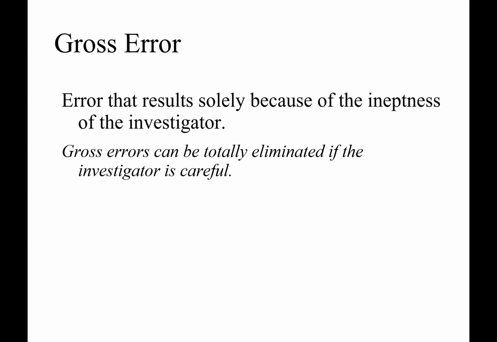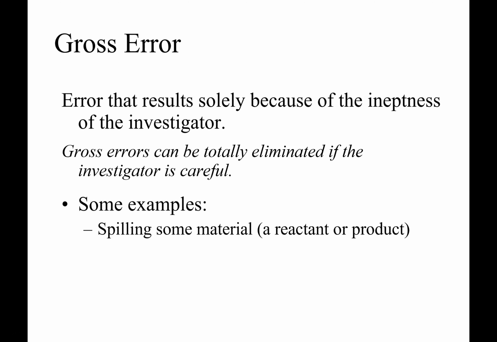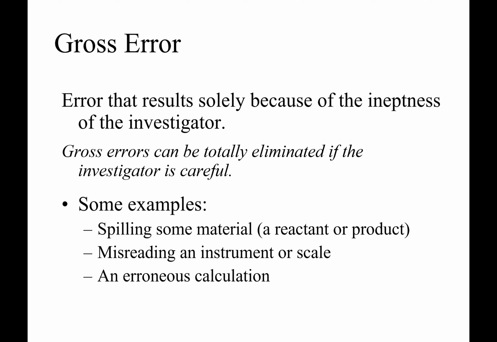The word is inept, and I kind of feel bad because I'm not perfect, so I can be inept. But it's due to the ineptness of an investigator. So for instance, if you spill something, it would be bias low. Now actually this could be bias low or bias high. If you misread a number, put it down wrong. I've seen a few of those in there. But I've done it too, so that's okay. No one died. Or if you make a mistake with your calculation, again, those could be high or low.